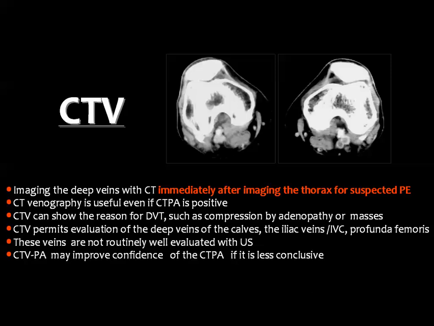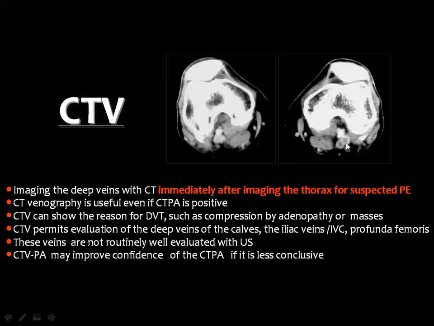But commonly, this technique is performed while doing CT pulmonary angiography to assess the presence of pulmonary embolism. Then, after injecting the contrast material and having the CT pulmonary angiography, we can go rapidly to image the lower limbs by the same contrast material injected in the antecubital vein.